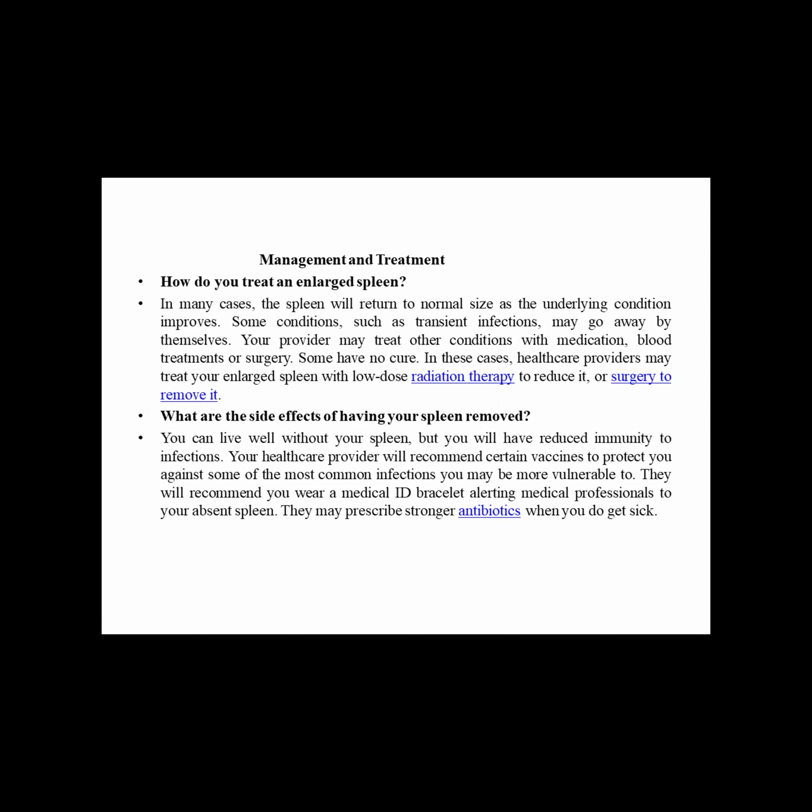Now, for you to treat this problem, first of all, after diagnosis, you have been able to identify the root cause. If it is a viral infection, then you have to use antivirals, right? There are various antivirals that the HCP may find useful in managing this situation.